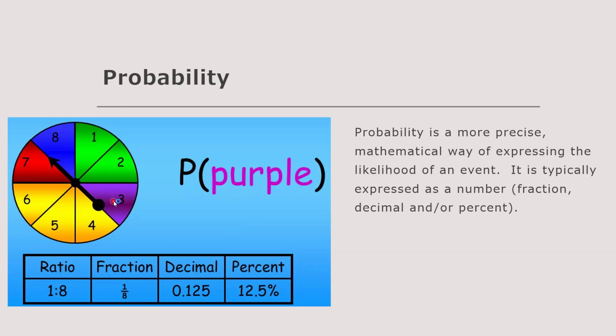So that means it's not very likely that you're going to land on purple because only one out of 8 sections is purple. So if we look at our answers here, that's actually how you would write your probability. You could write it as a ratio, 1 to 8, as a fraction, as a decimal, or as a percent.